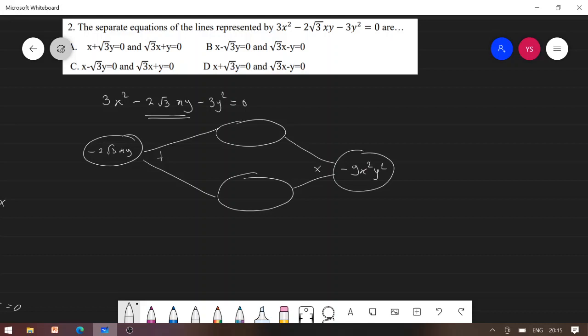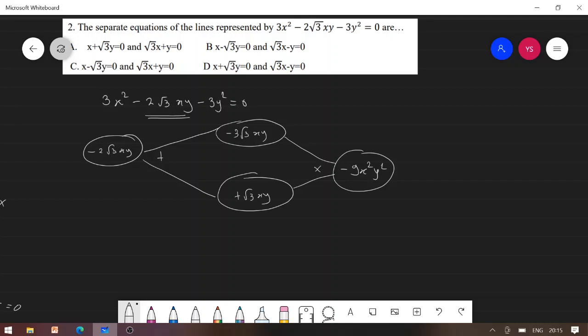So we split now minus 2 times root 3 xy as minus 3 times root 3 xy and plus root 3 times xy.